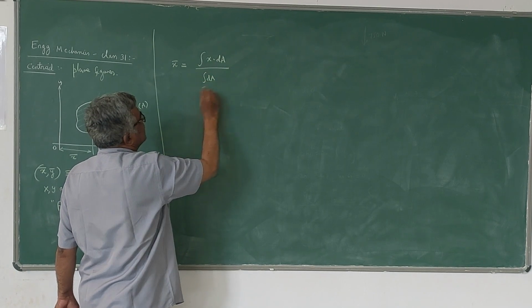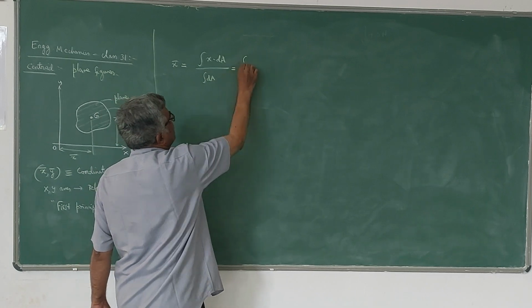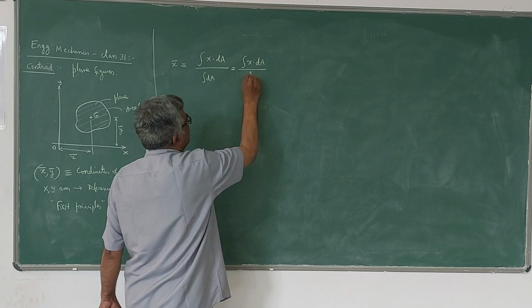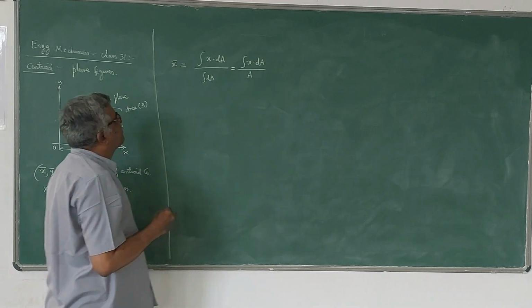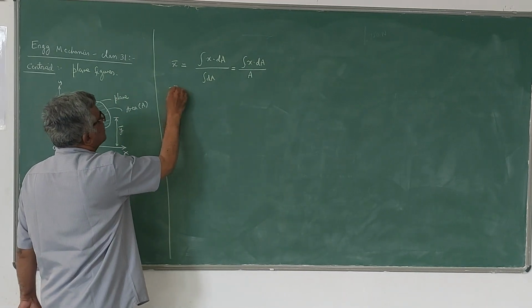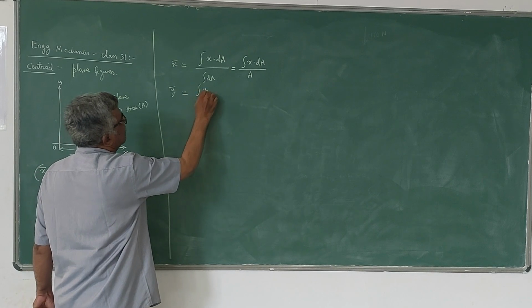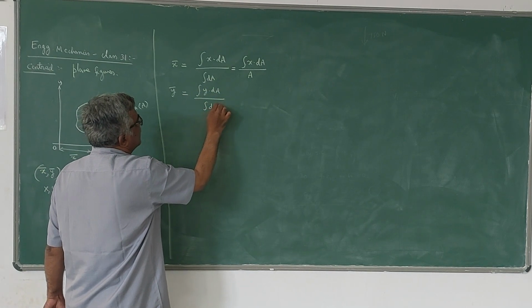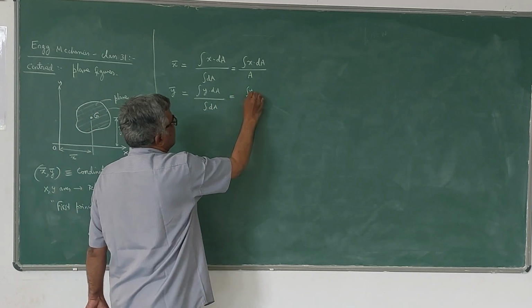Integral dA is nothing but A itself. Therefore, x bar is integral x dA divided by A, where A is the total area. Similarly, y bar is integral y dA divided by integral dA, or integral y dA by A.